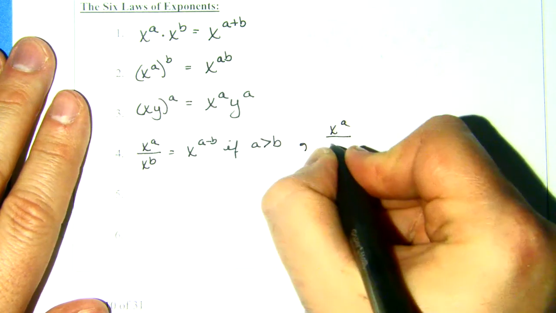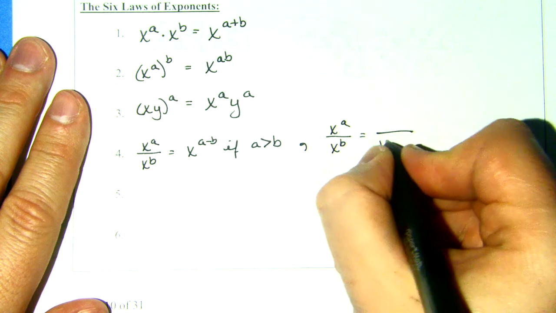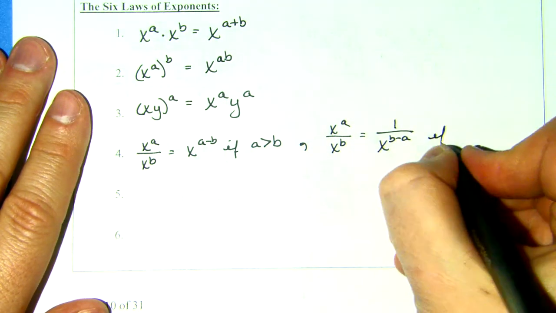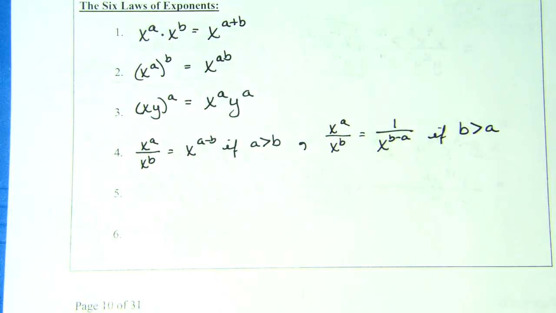And x to the a over x to the b, if the power in the denominator is bigger, I'm going to get x to the b minus a in the denominator, 1 over that, if b is greater than a. You subtract, bigger number minus smaller number, you put the answer where the bigger exponent was.